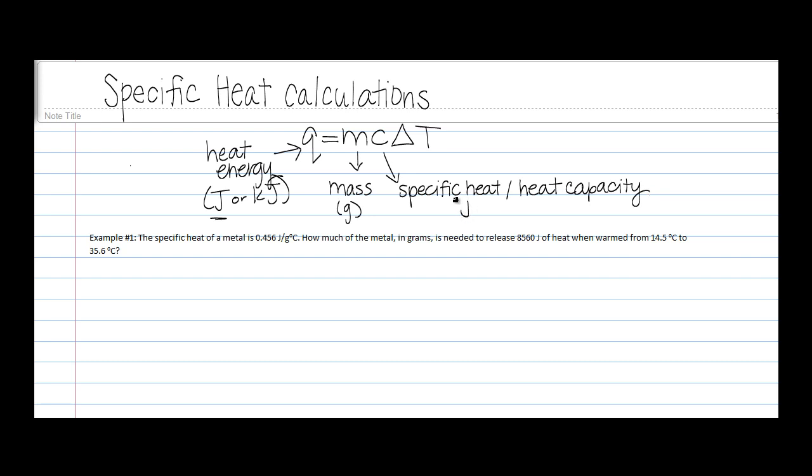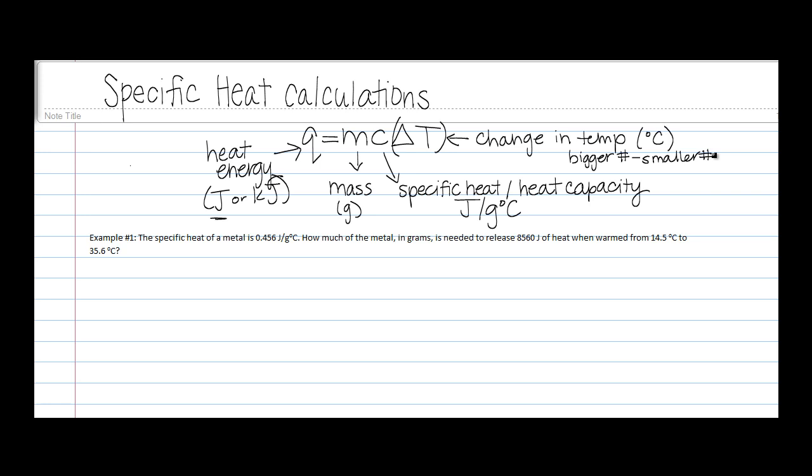And the unit for that is joules per gram degree Celsius. And then delta T is all one term, and it means change in temperature. And you're going to be measuring that in degrees Celsius. And I always take the bigger temperature and subtract out the smaller temperature to find my change in temperature.